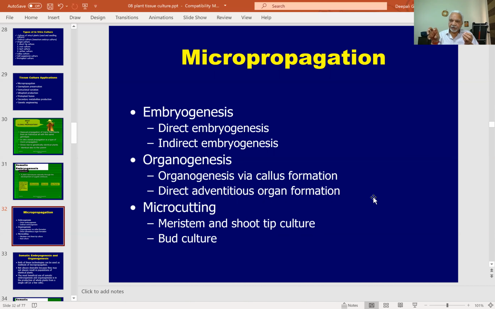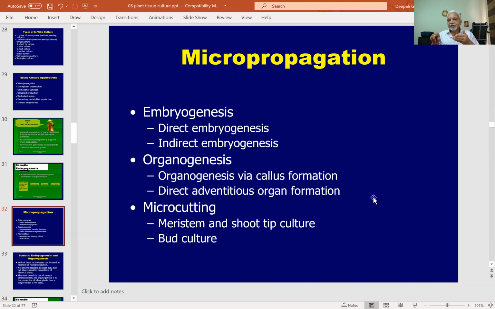Then this callus undergoes shoot formation and root formation, what we call organogenesis. Another way is without callus formation, direct organogenesis from the explant. You take the explant, put it on a medium, give appropriate growth regulators, and you can have direct shooting and rooting. And the third one is microcutting.